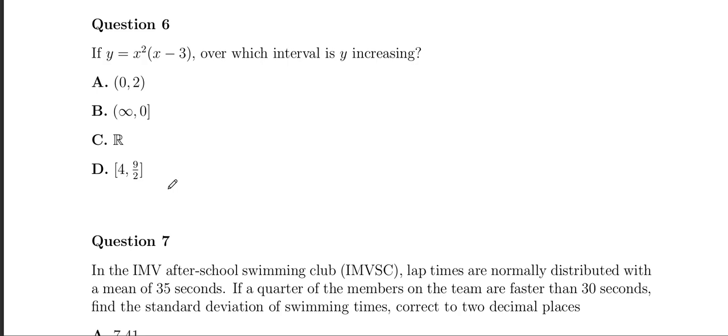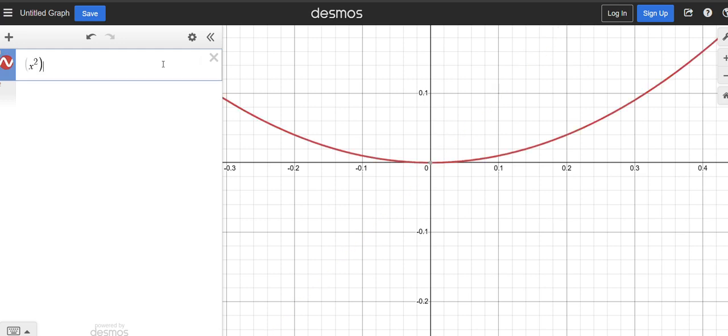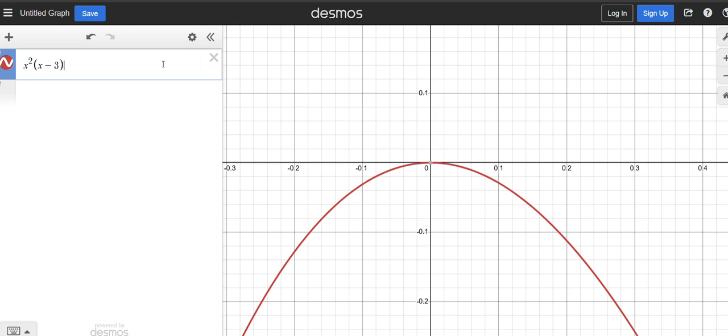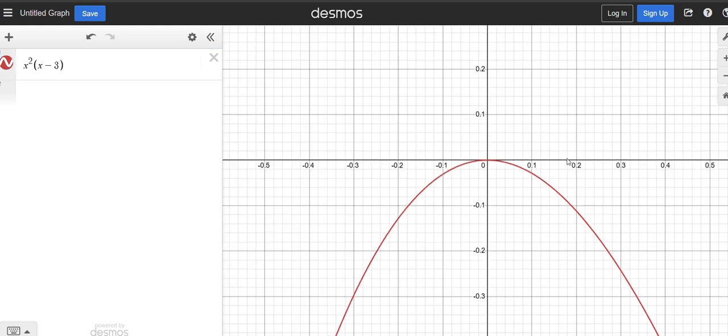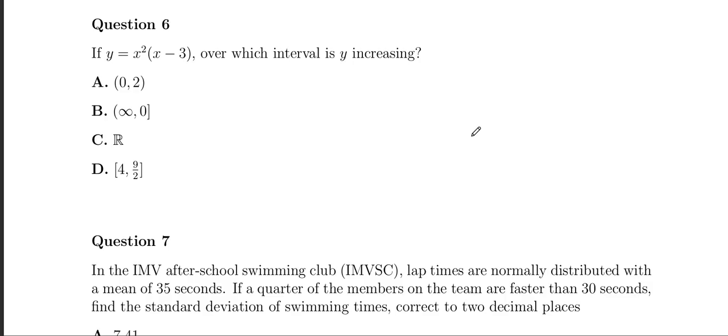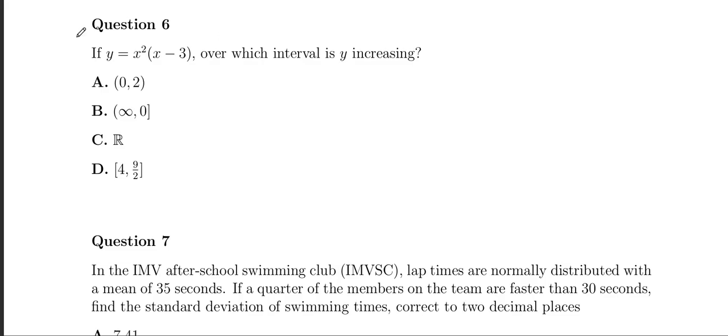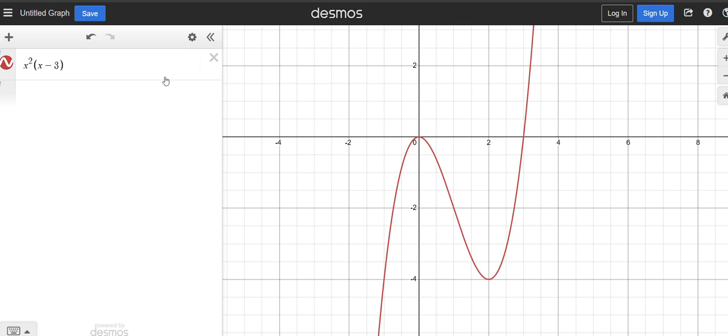All right, so next question, this is pretty easy actually. X squared, x minus 3. All right, so from 0 to 2, well, obviously it's decreasing, so it's not A. From negative infinity to 0, it's increasing, but only up until when x equals 0, which is when it's not increasing.